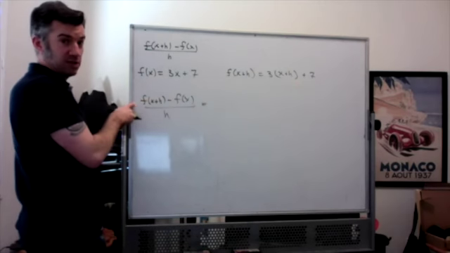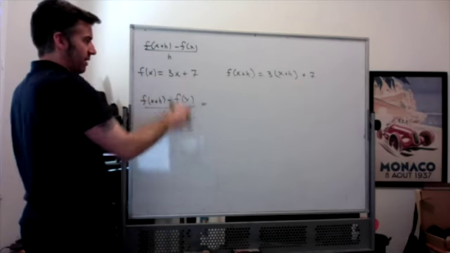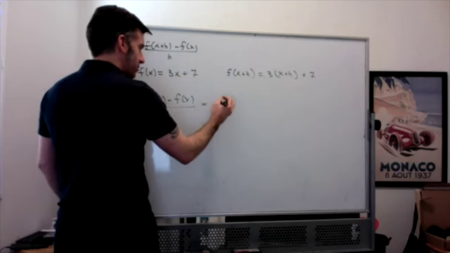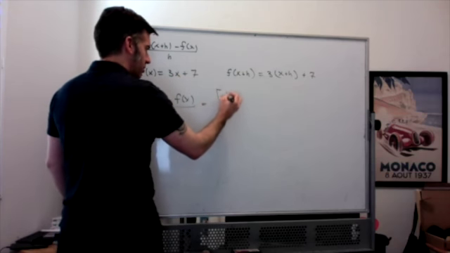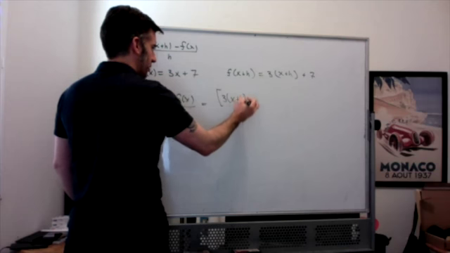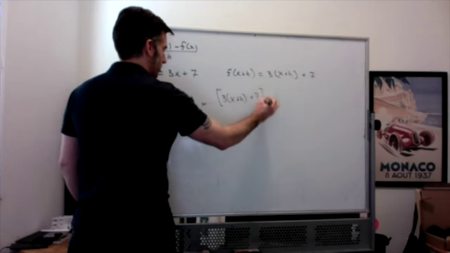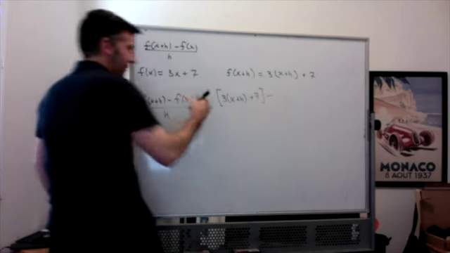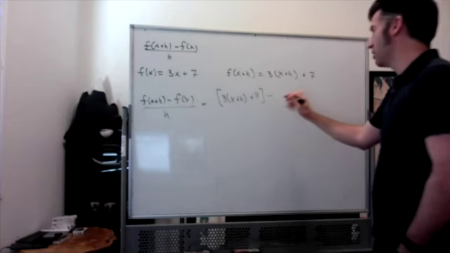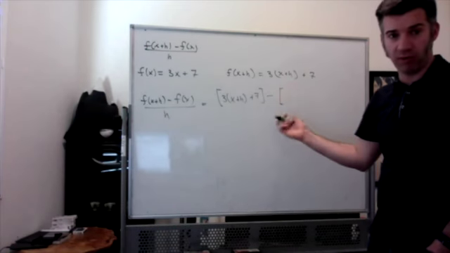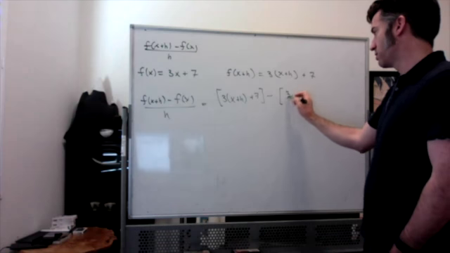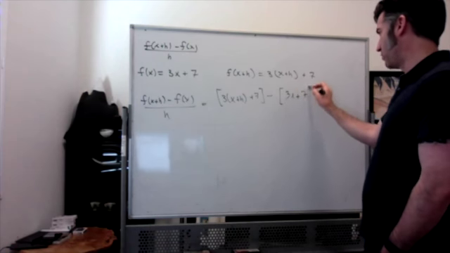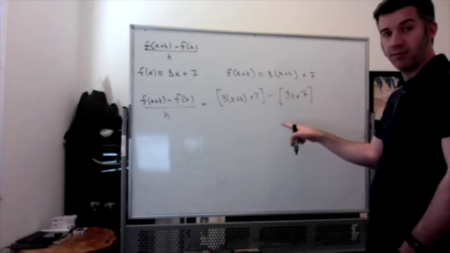F of x plus h is first, minus f of x is second. So it's going to be 3 times x plus h plus 7, minus all of f of x. It's really important that you put parentheses or brackets around f of x so that we know that we have to distribute the minus sign.